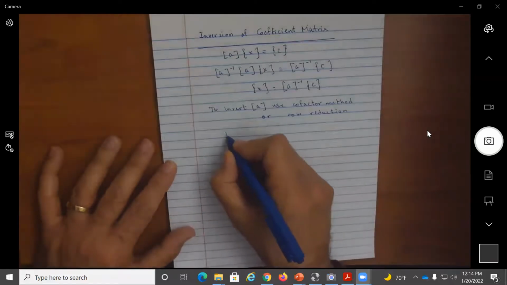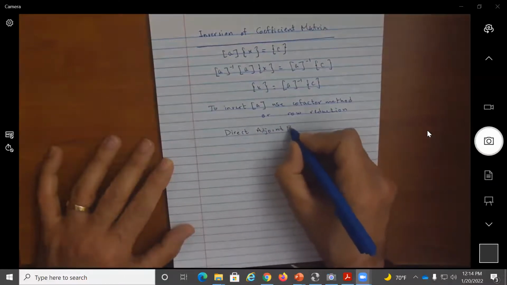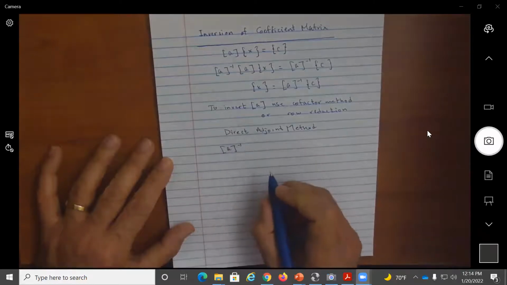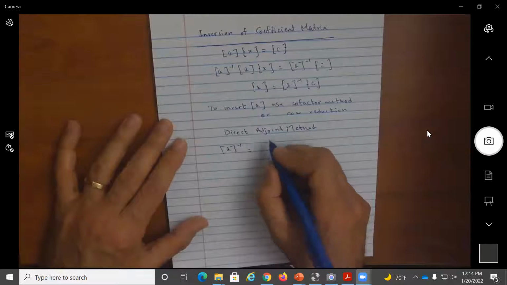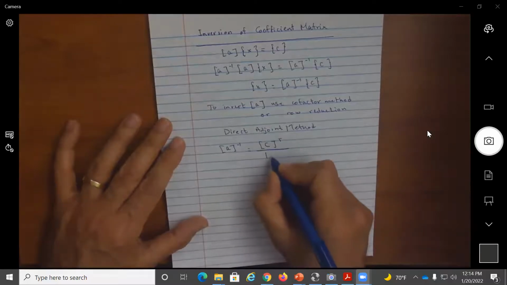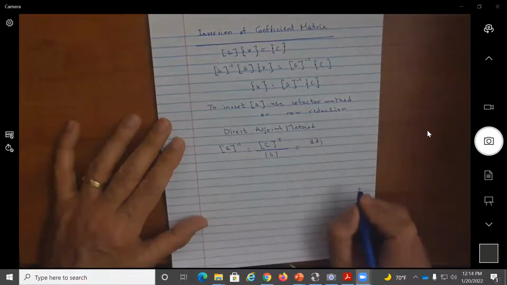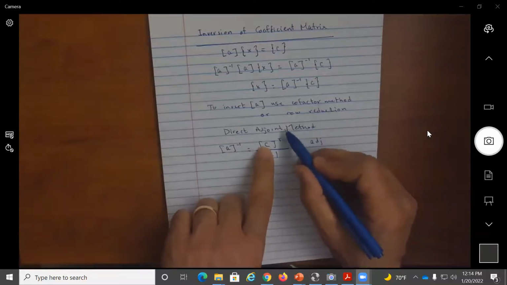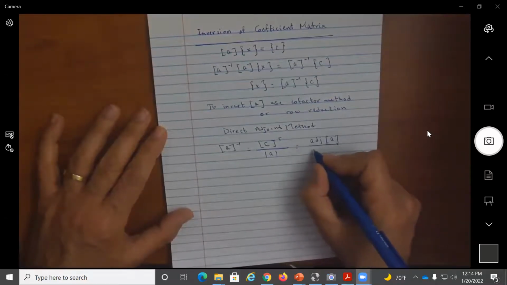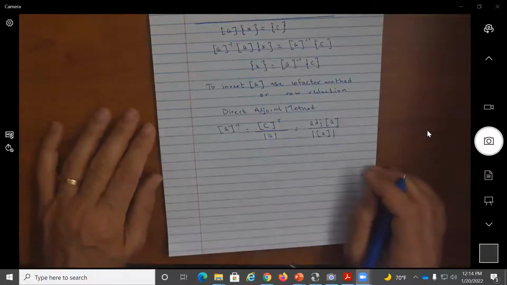So the direct adjoint method will give us A minus 1 equal to the cofactor matrix transposed, which is the adjoint matrix, divided by the determinant of A. So you can see how we can call it the cofactor method or the adjoint method: the adjoint of the matrix A divided by the determinant of the matrix A. And I'm trying to mix notation to get used to it.